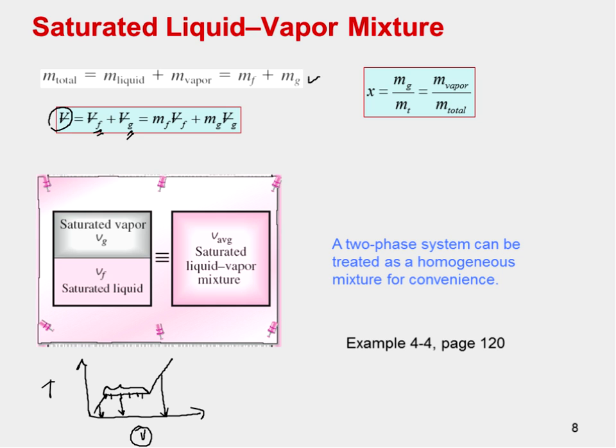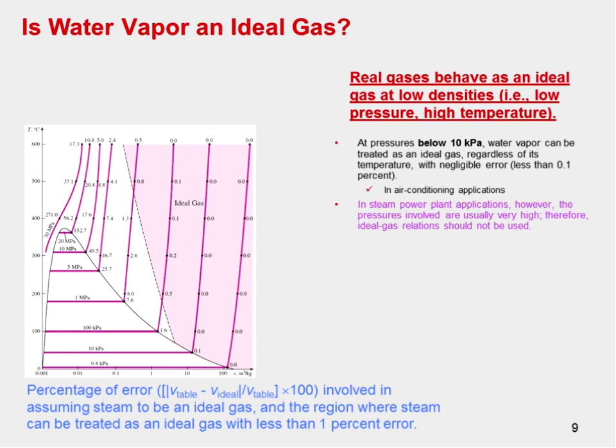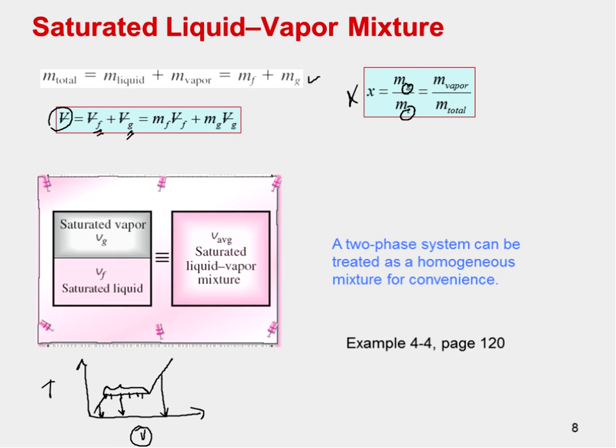Then here you have the mixture, G for gas, then total. And we will work on example 4.4 on page 120. So remember to write down these equations so that we'll work on that problem in class.